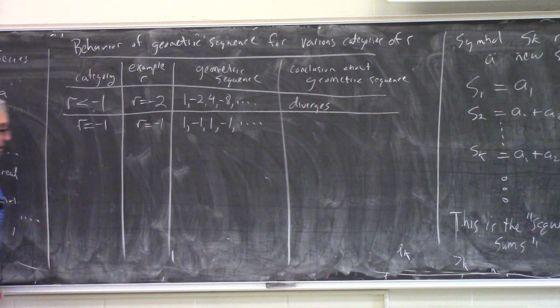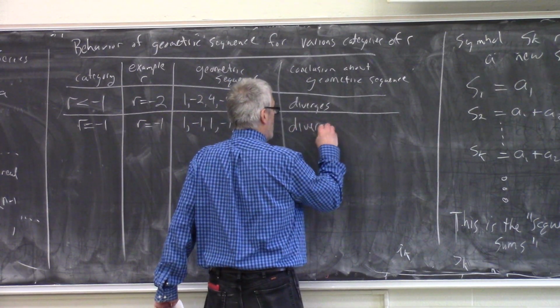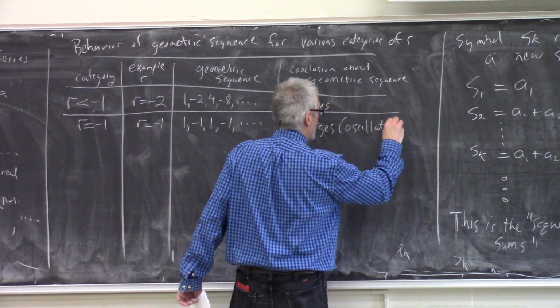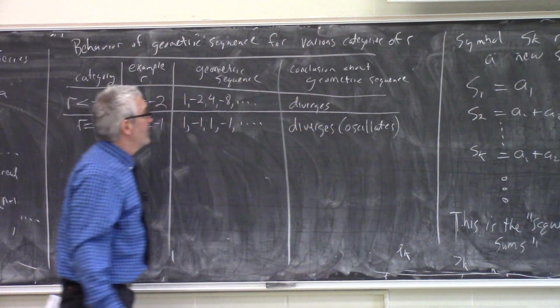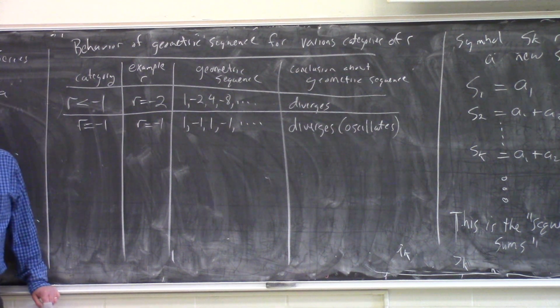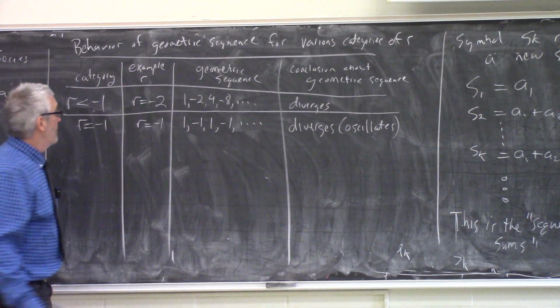Diverges. So it oscillates between -1 and 1. Oscillates is stronger than just saying it's alternating. It is alternating, but the terms don't change size. It's like a pendulum between -1 and 1.